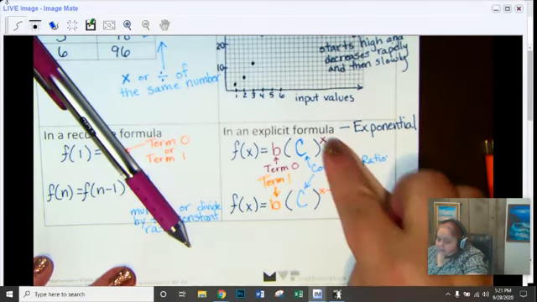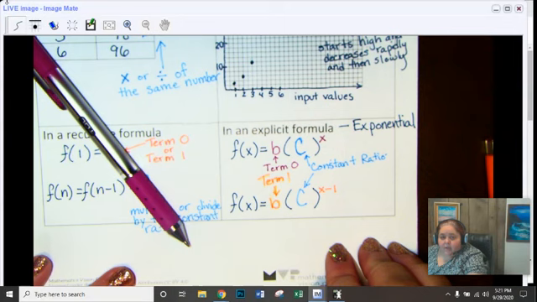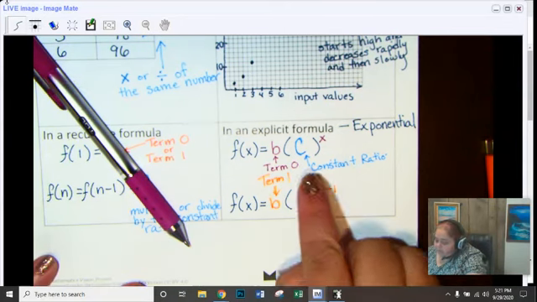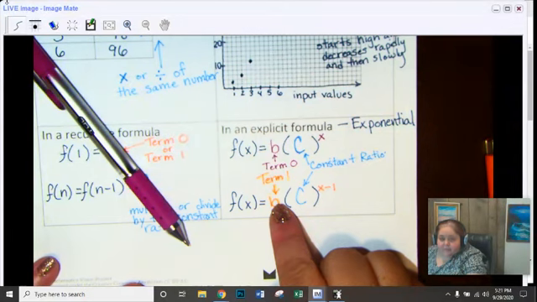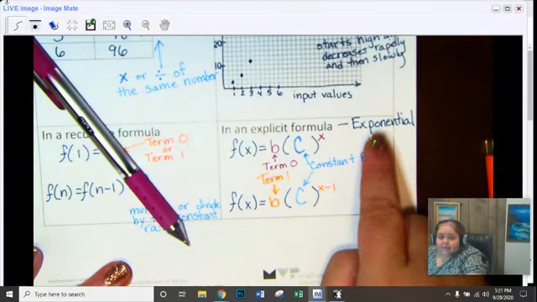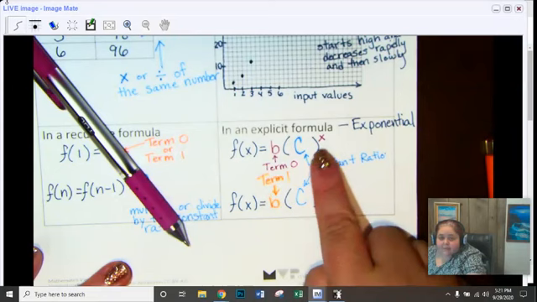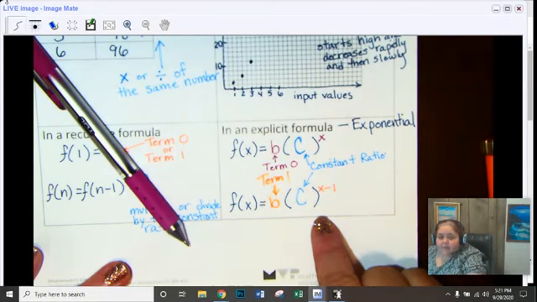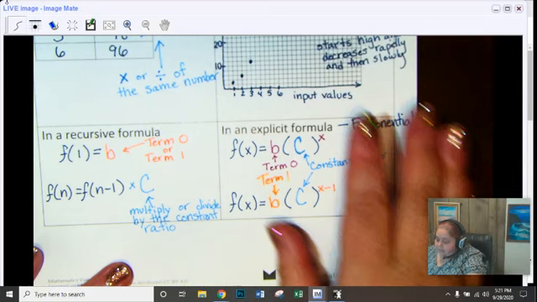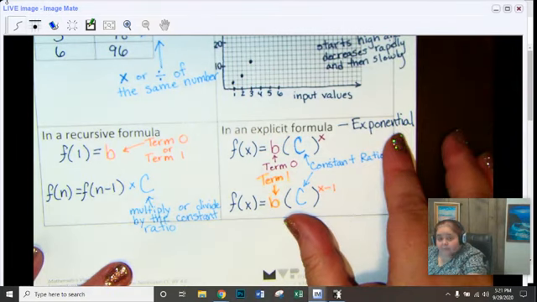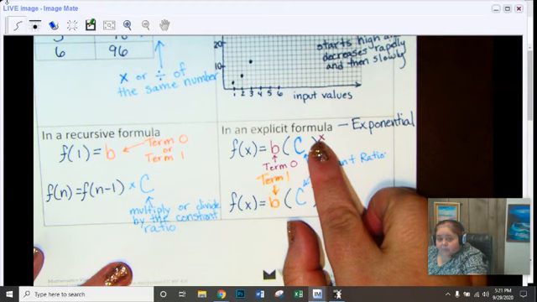So that's just the difference between these two equations, is whether you started with term 0 or started with term 1. And this is an exponential equation, meaning that there is an x in the exponent, and that's how you can tell it's a geometric sequence. So from an explicit formula, if it has an exponent, then it's a geometric sequence.